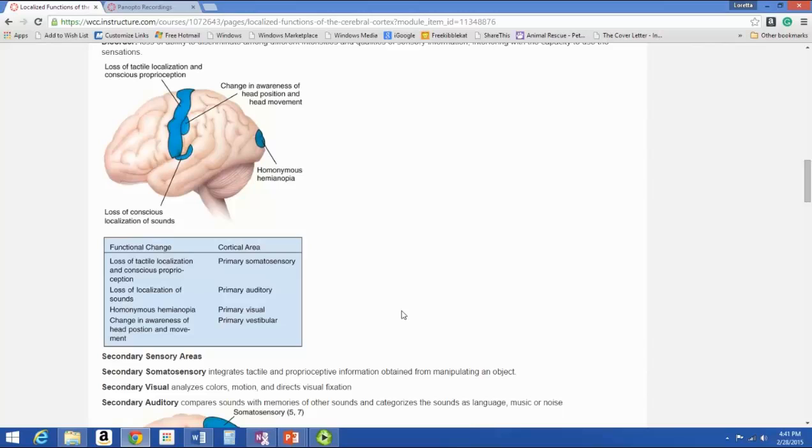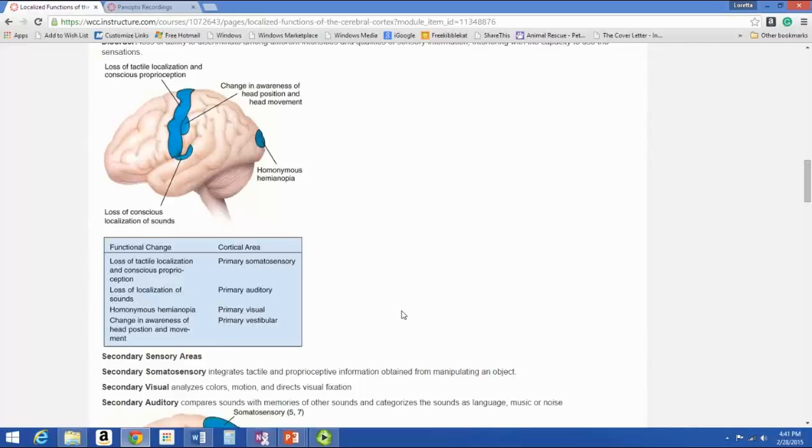Like back in summer 105 when we did the proprioception testing, the person was blindfolded or had their vision blocked, and you said, is your finger up or down? If they lose their primary somatosensory area, even if they have the sensory neurons functioning properly, they can't localize where the sensation is.